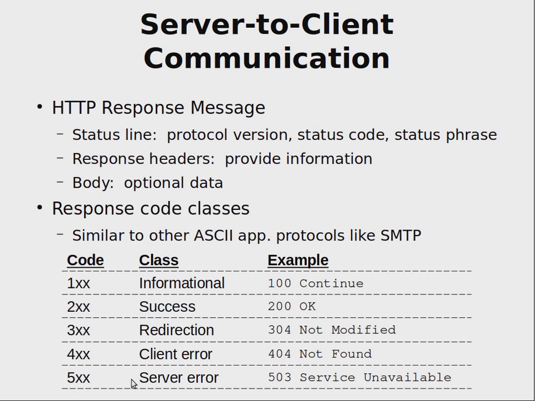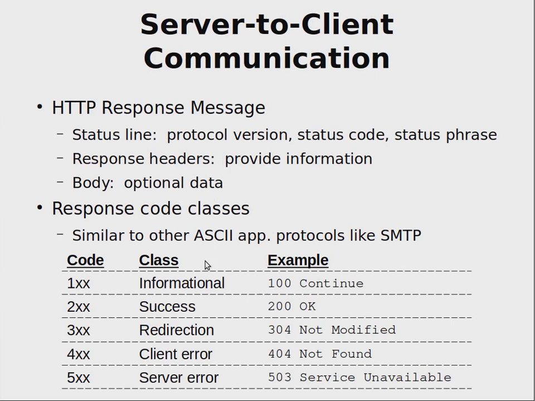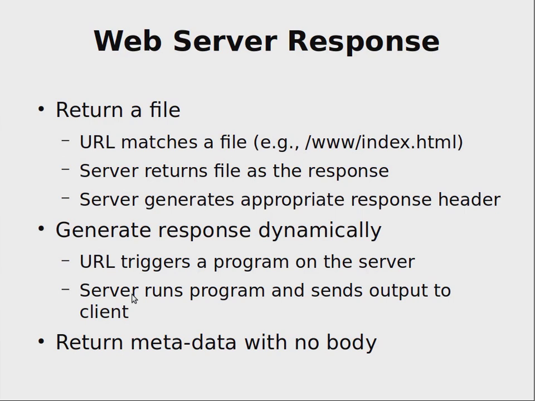And everything that starts with 500 is a server error. For example, the server is busy or something like this. And by the way, these are reused numbers. A similar numbering system is used for email status and for some other applications as well.